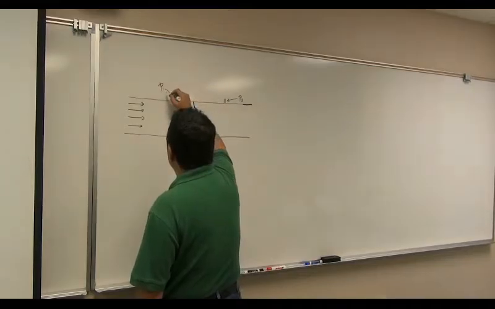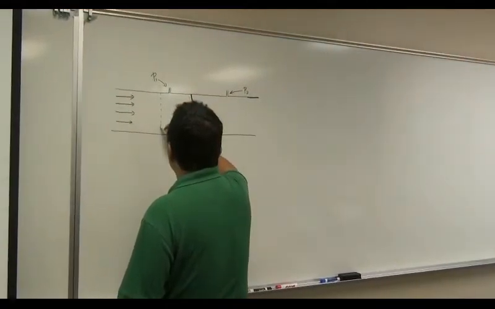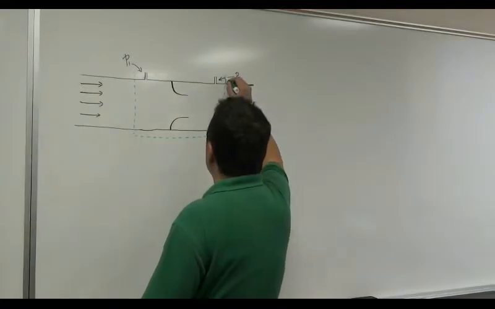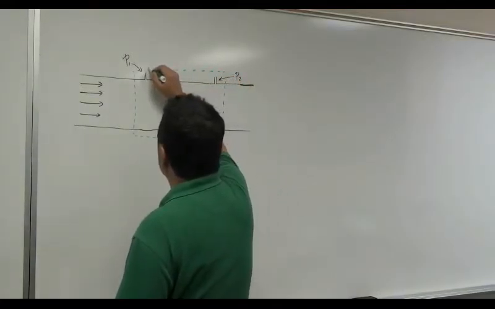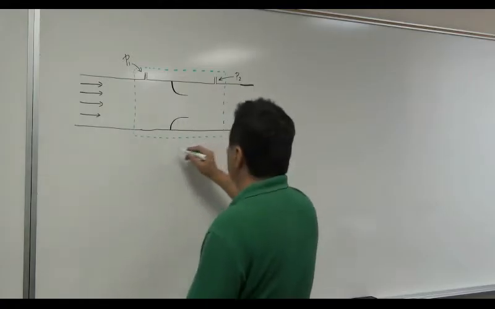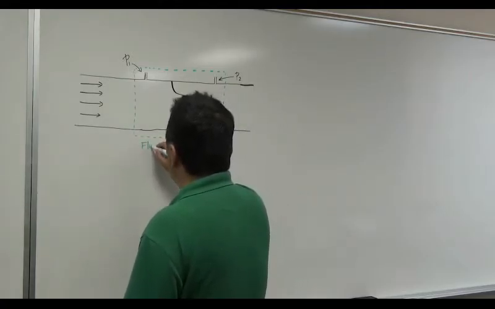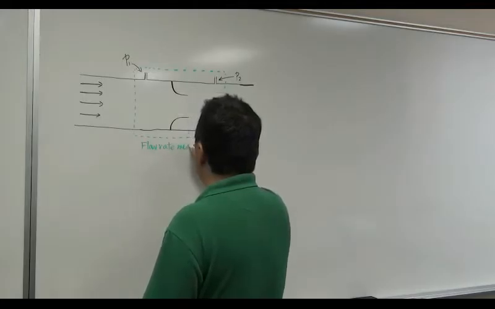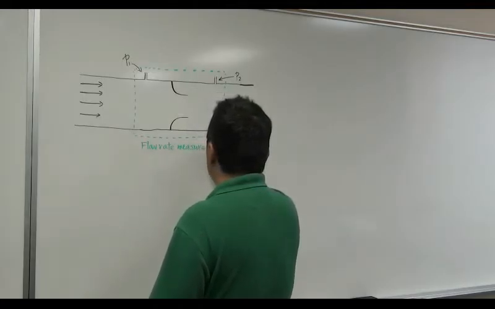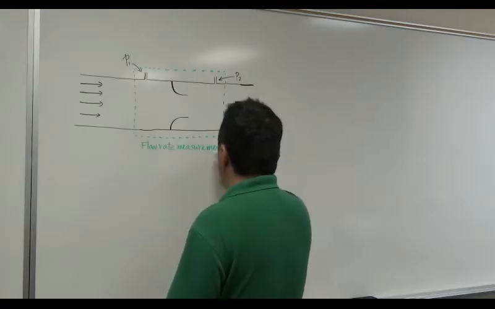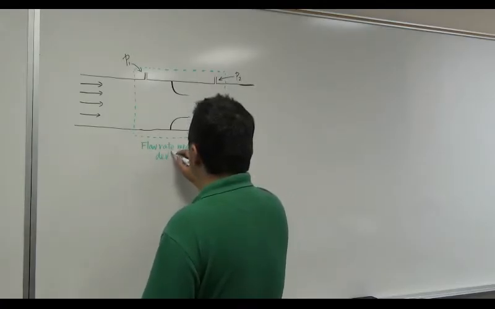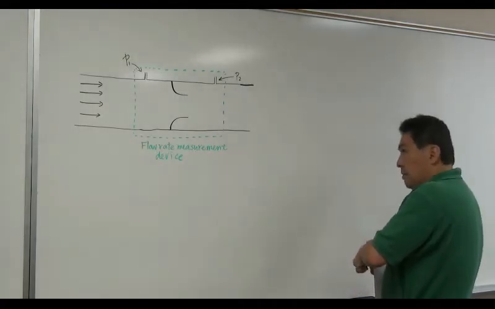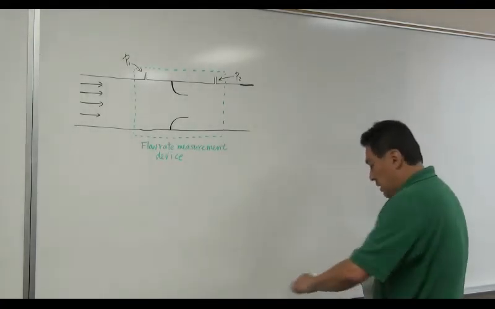Like I said, this section is the flow rate measurement device. It does really nothing, it just reduces the cross section.